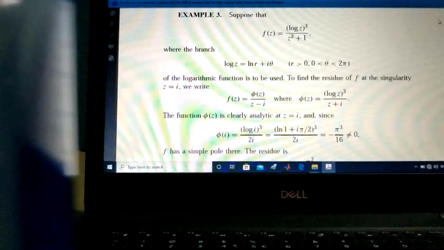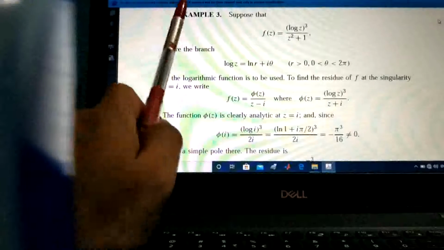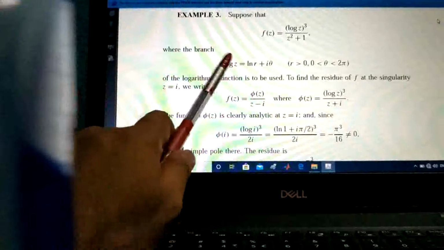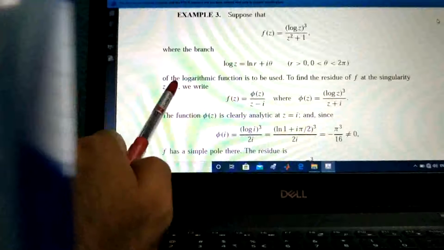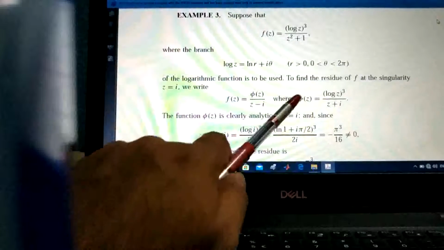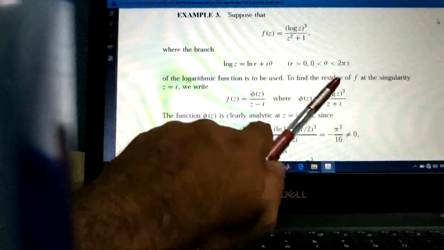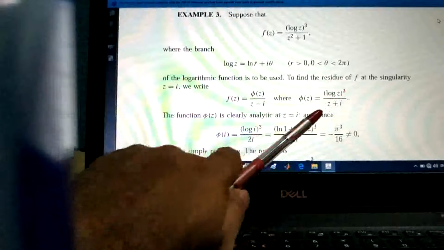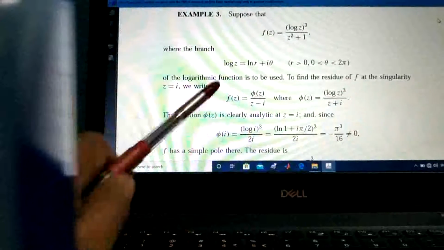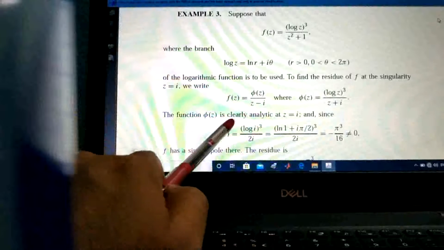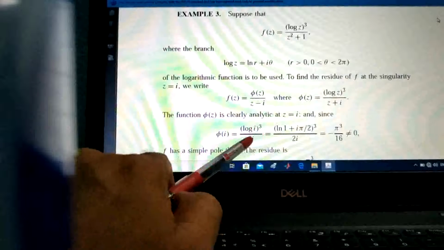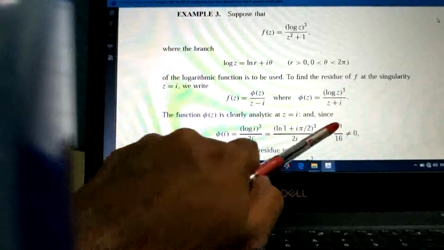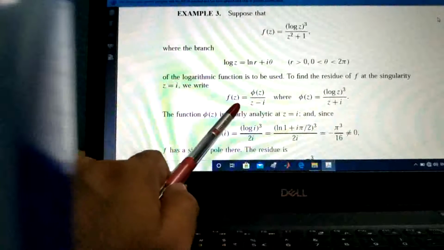So this log z branch is analytic. So there is no problem with this function phi of z, which is constructed as log z whole cube by z plus i. And phi of i is non-zero.